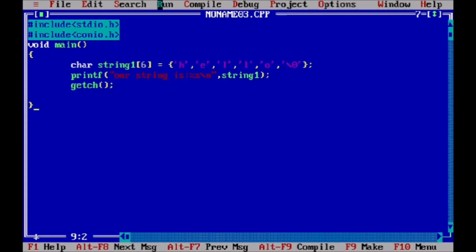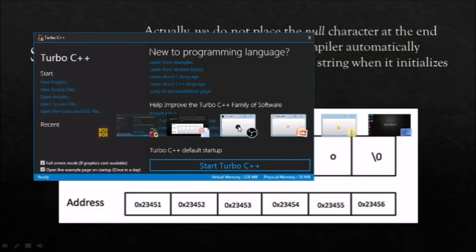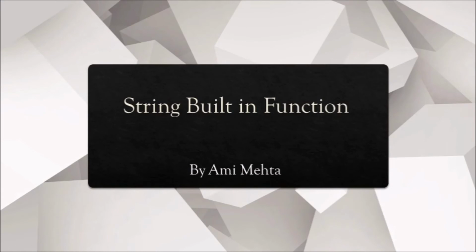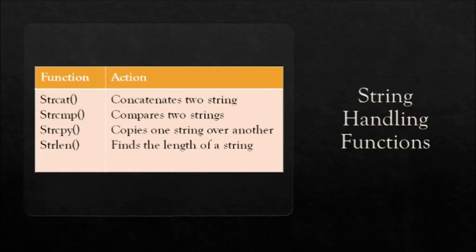Now we see the various built-in functions of strings. So let us discuss it. Now our next topic is built-in functions of C. So these are the built-in functions of strings. strcat does the concatenation of two strings. strcmp does the comparison of two strings.